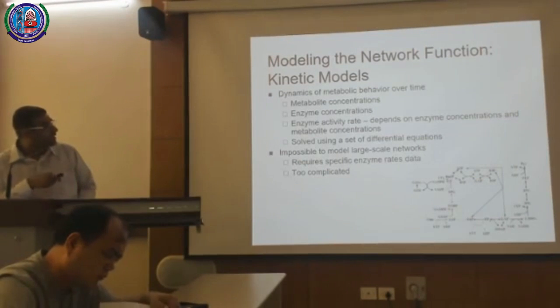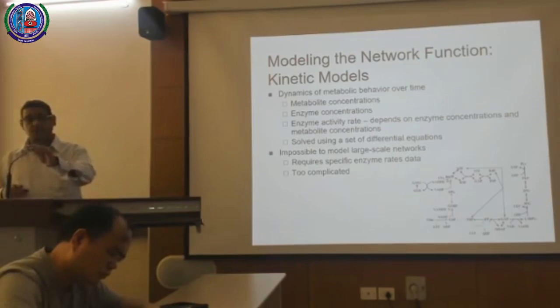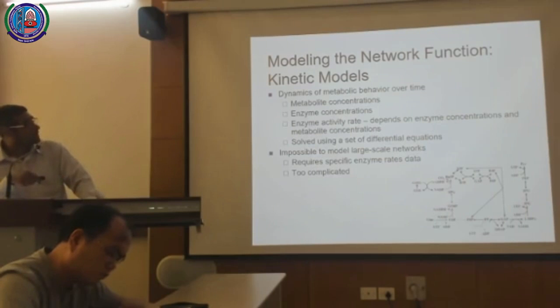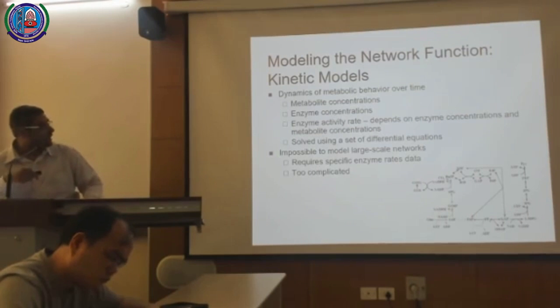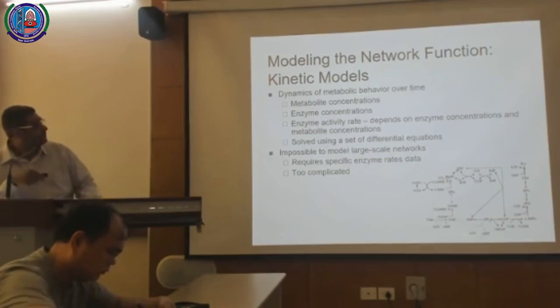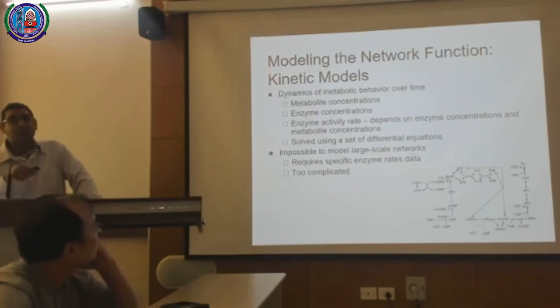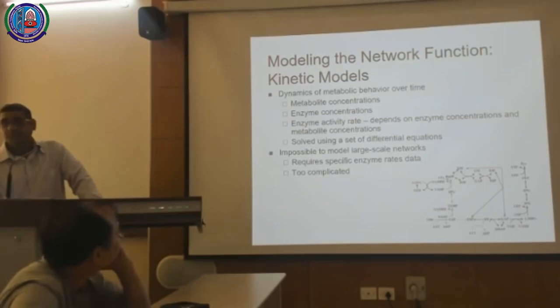Now, modeling: what are the things we have to consider during modeling of the network function, kinetic models? We can have metabolic dynamics, the metabolic behavior over time. These are the prerequisites. You should have metabolite concentration. Work on metabolite concentration: how much metabolite concentration is sufficient to perform this type of reaction?